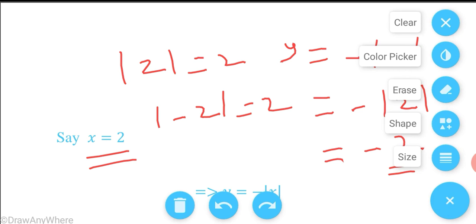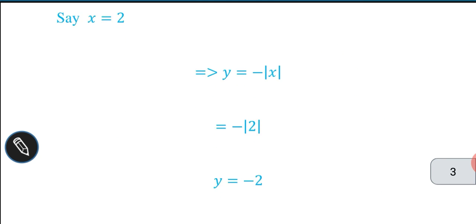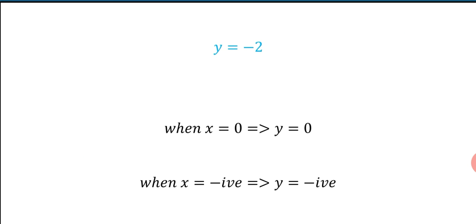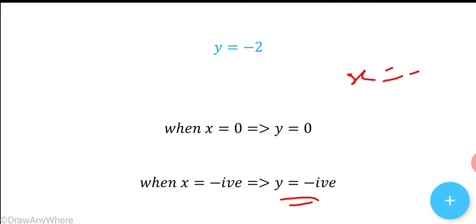From this we can conclude that when x equal to 0, y is equal to 0. When x is negative, in this problem for x equal to minus 2, we got y equal to minus 2. So when x is negative, y is also negative.